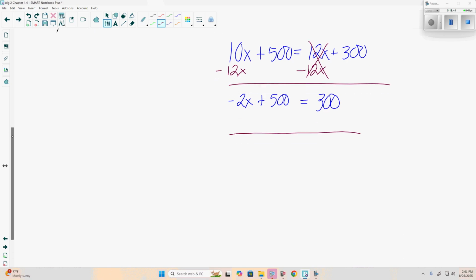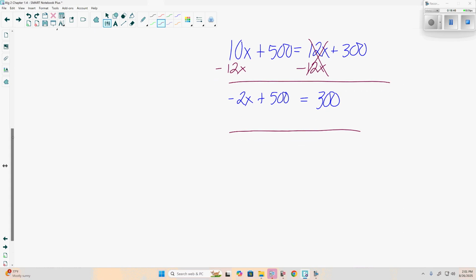Now at this point here, we need to get the x by itself, so now we're going to subtract 500. Because on the left-hand side, 500 minus 500 would give us 0, leaving us with negative 2x. Now 300 minus 500 is negative 200.